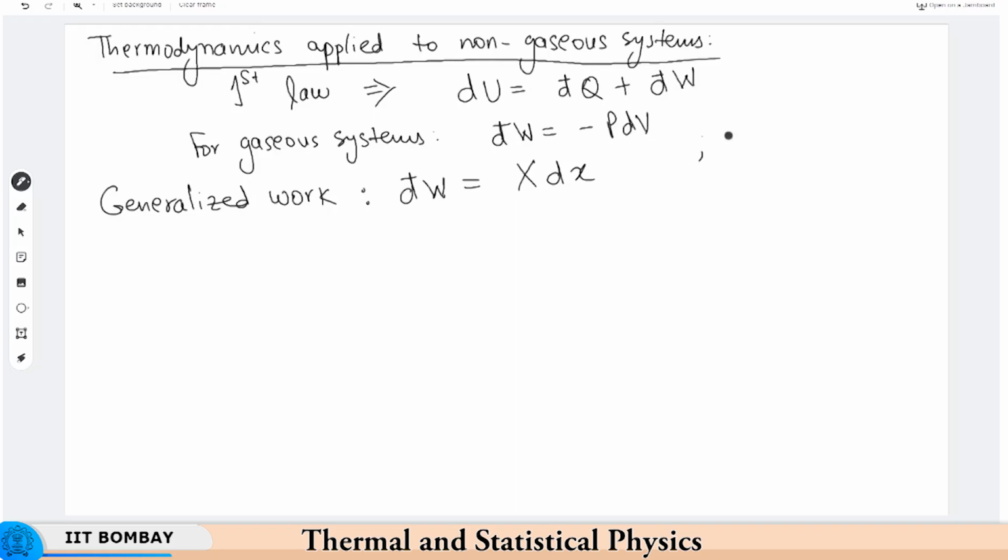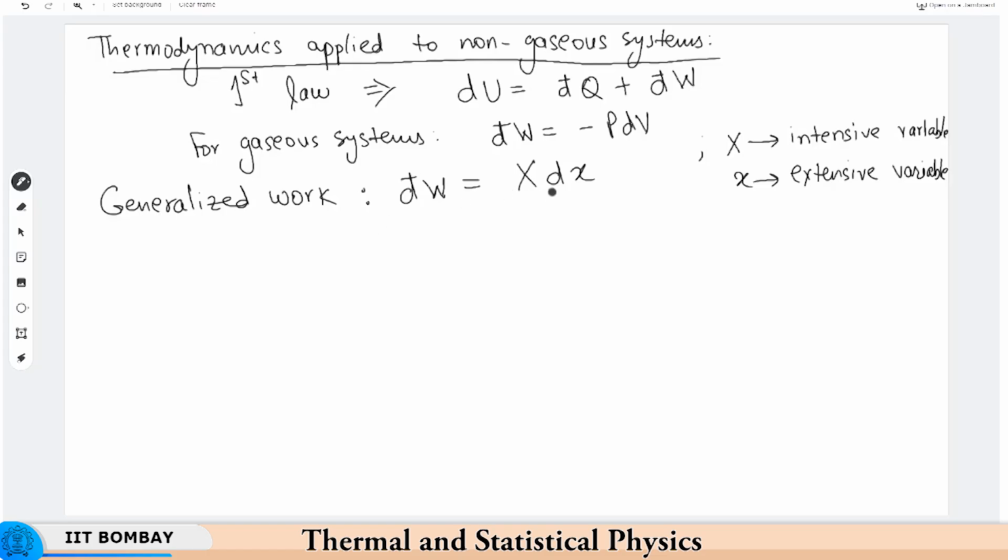So, capital X is an intensive variable, whereas small x is an extensive variable. For gases, capital X stands for pressure, which is independent of the size of the system, and small x stands for volume, which is obviously extensive since volume scales with the size of the system.